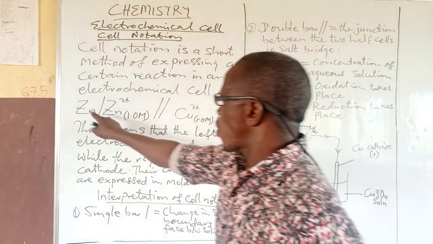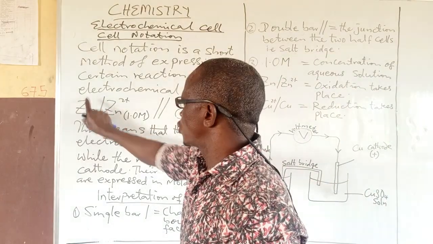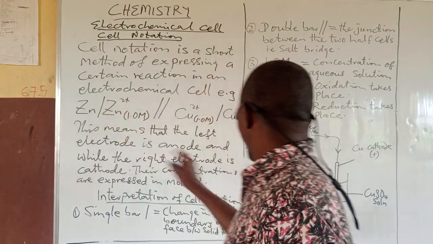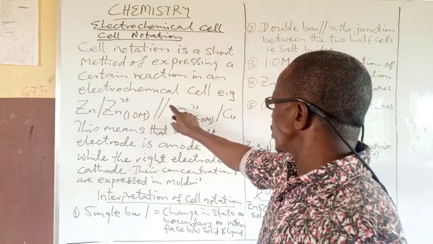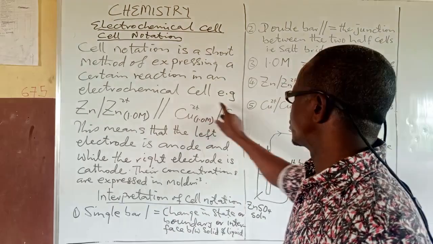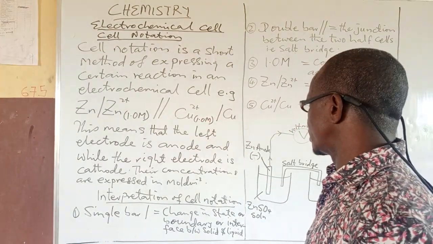You always write the electrode before the solution. But on the side of reduction, the solution comes first before the plate.